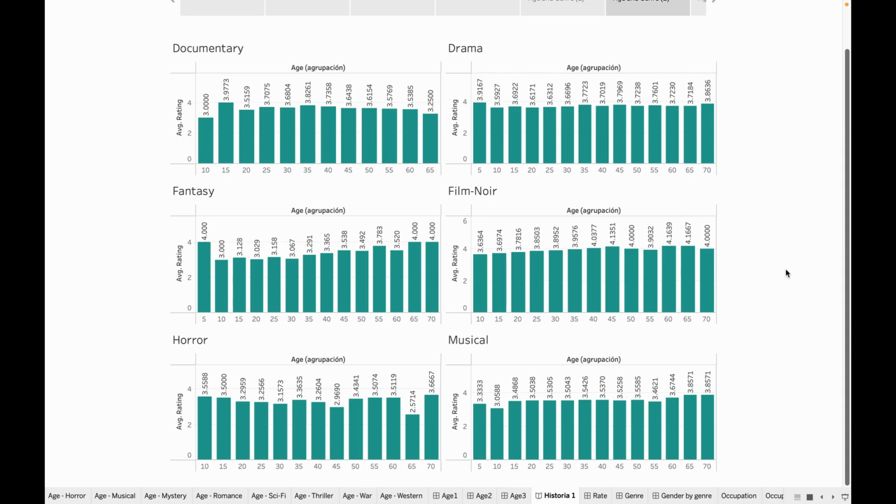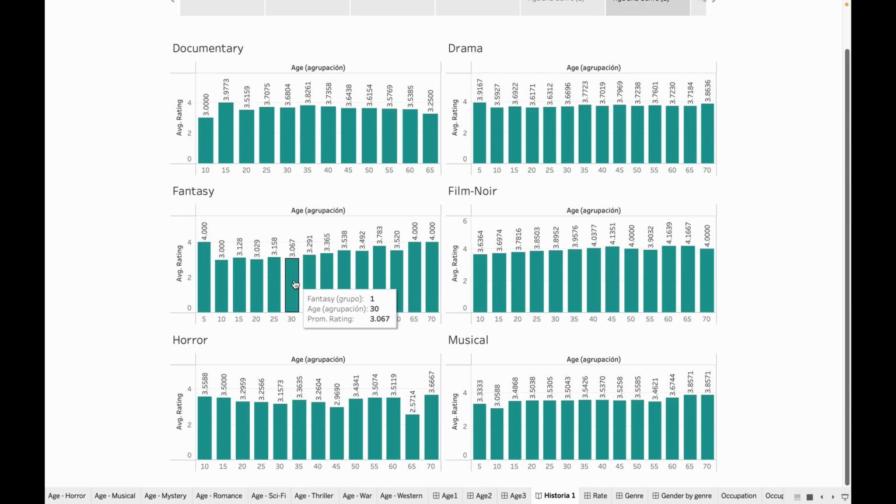Okay, and then we have fantasy, which is the one that was rated the worst. Here we can see that the ones that give the highest rate are the people between 45 and 75, and the ones that give the worst rate are the people between 10 and 35.